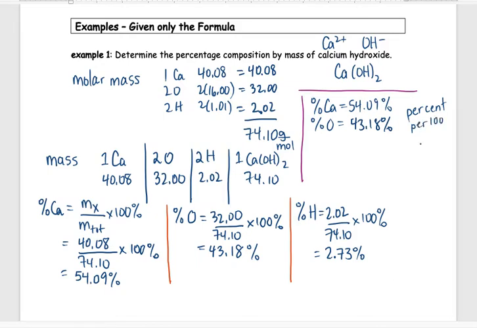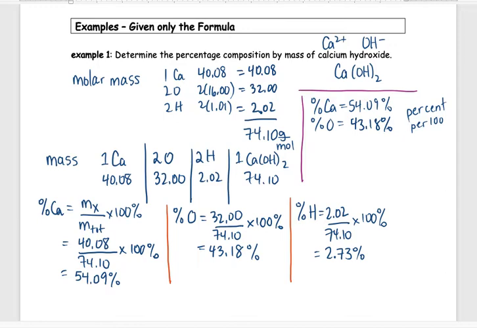So out of 100, calcium hydroxide, 54.09% of the 100 makes up calcium, and 43.18 of the calcium hydroxide makes up oxygen. Therefore, these numbers should be adding up to 100.